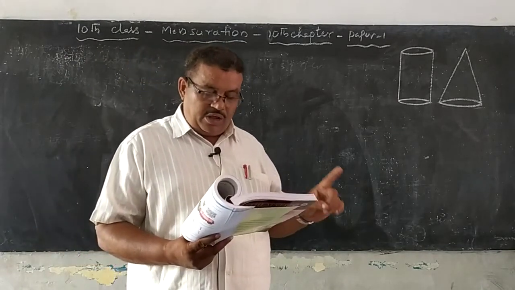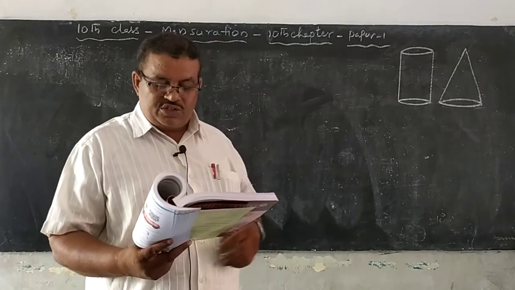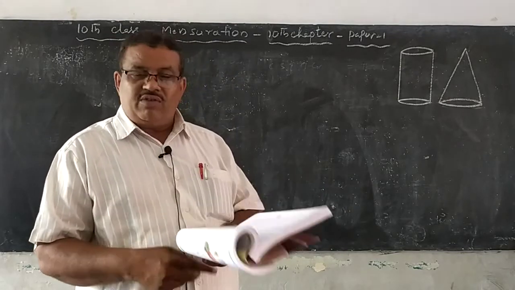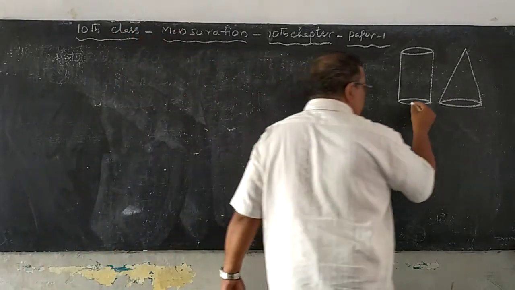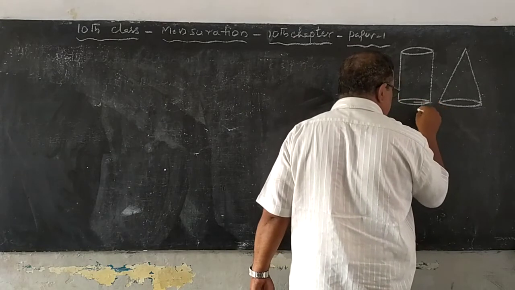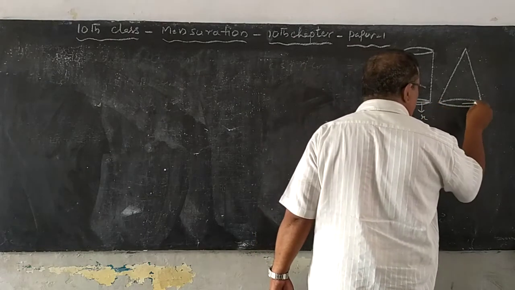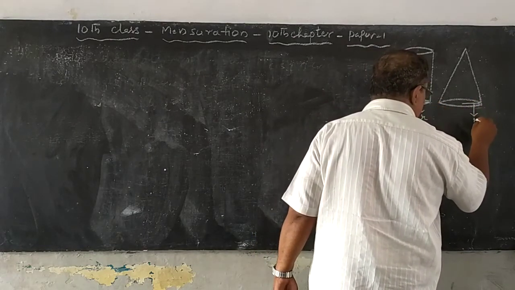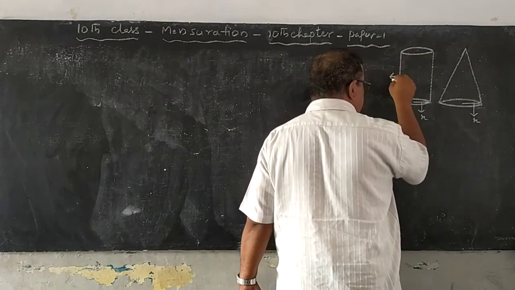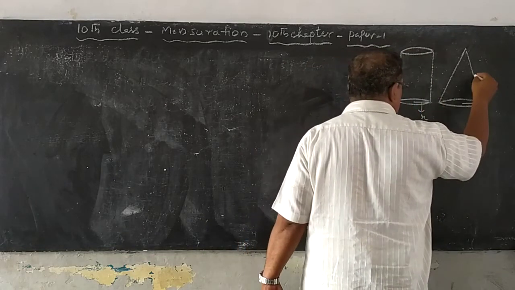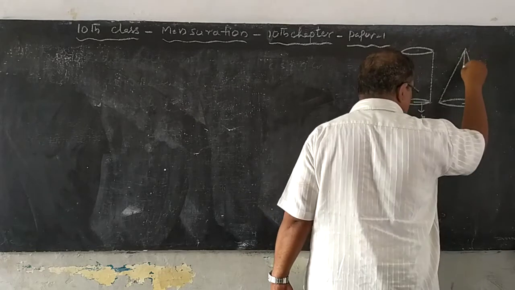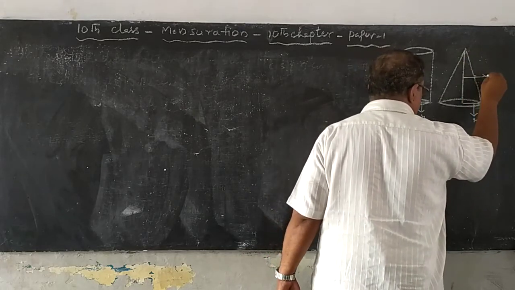A cylinder and cone have bases of equal radii and equal heights. So the radius is the same. Here the radius is also r. Heights are also equal. This is the height of the cylinder. This is also the height of the cone.